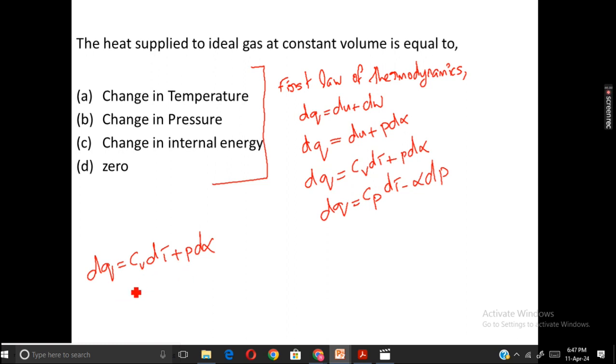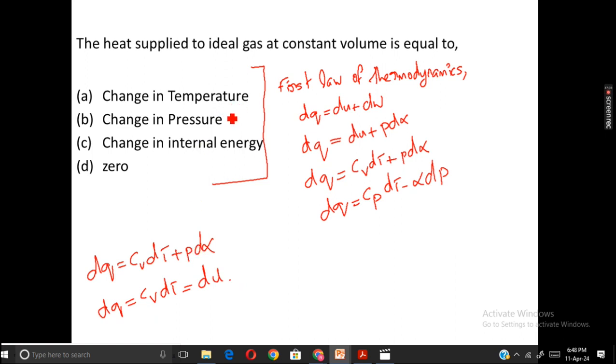So from this, dQ is equal to Cv dT, or basically dU.